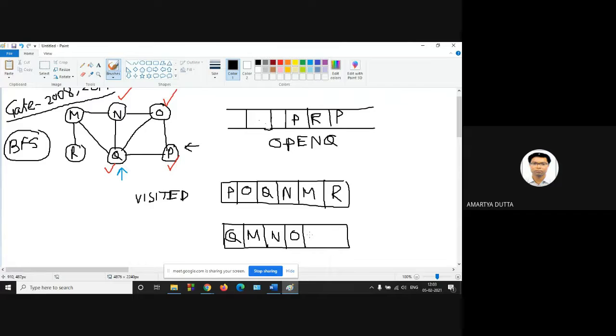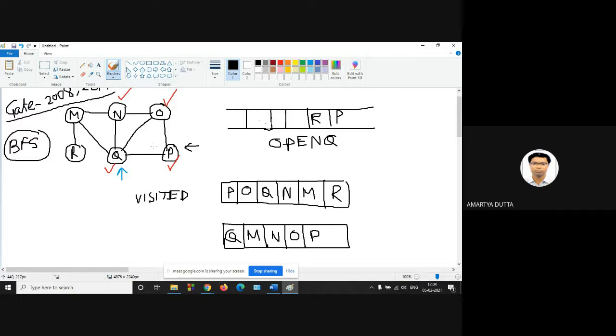Next one is P. From P we are getting O and Q. Already O and Q are in visited. So write down P here and delete that P. Next R. R is not in your visited.